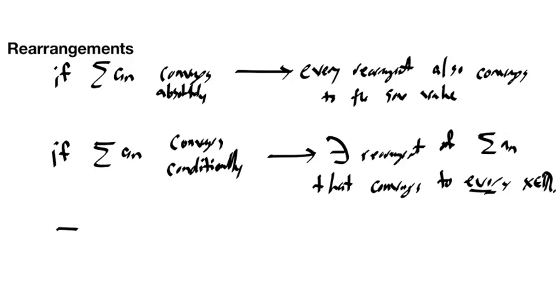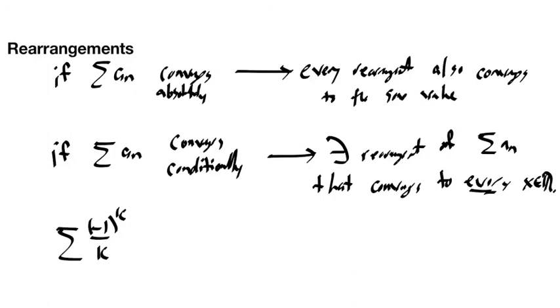So if I take that series, the sum of (-1)^k over k, I could make this series converge to any number I want. I could make it converge to pi. I could make it converge to 10 billion. I could make it converge to any number I want, as long as it's conditionally convergent.